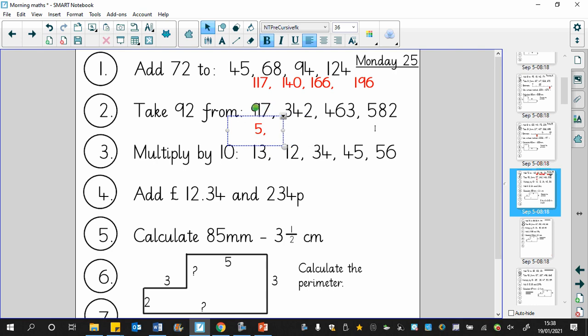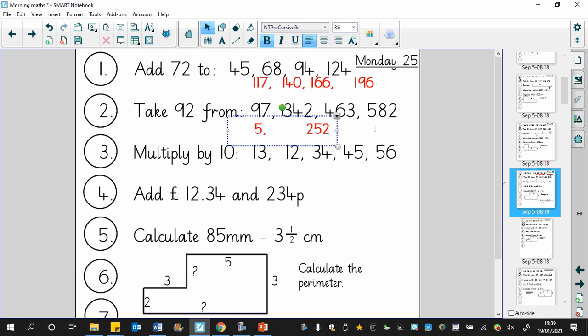Now the next question, 342. If we add 90, we get to 432. Oh no, we're taking away. Oh, careful. Right, so 342 take away 90 is going to be 252.